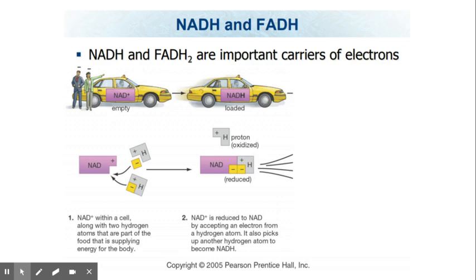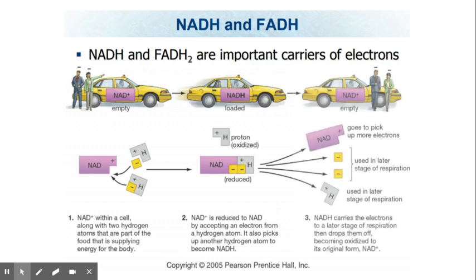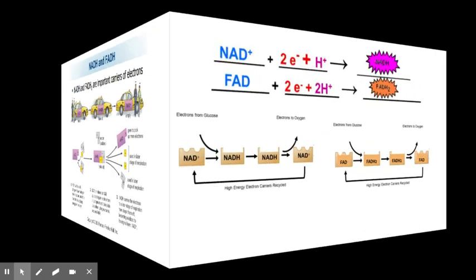I know this sounds a little confusing, but it's really quite simple. As soon as the NADH taxicab drops off the electrons where they're needed, it goes back to being an empty cab and it's NAD+. So NADH is going to carry those electrons to a later stage of respiration and drop them off. So really, it's fairly simple.